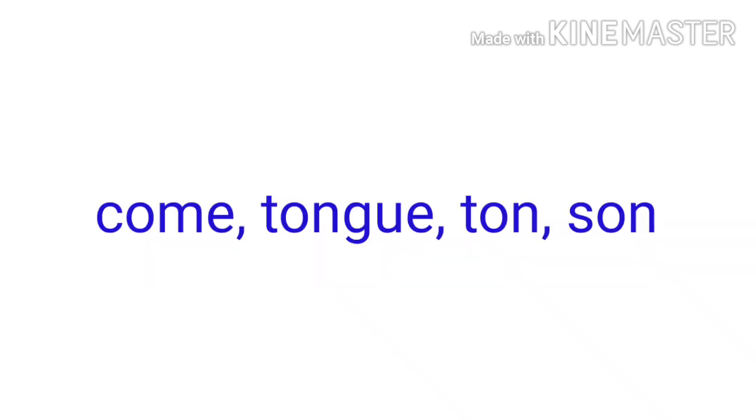So this rule is applied to O's that are before M and N that Africans usually pronounce as O. For example, an African will pronounce the word come as com, tongue as tong, turn as ton, sun as son. If you don't understand, please let me know in the comment section.